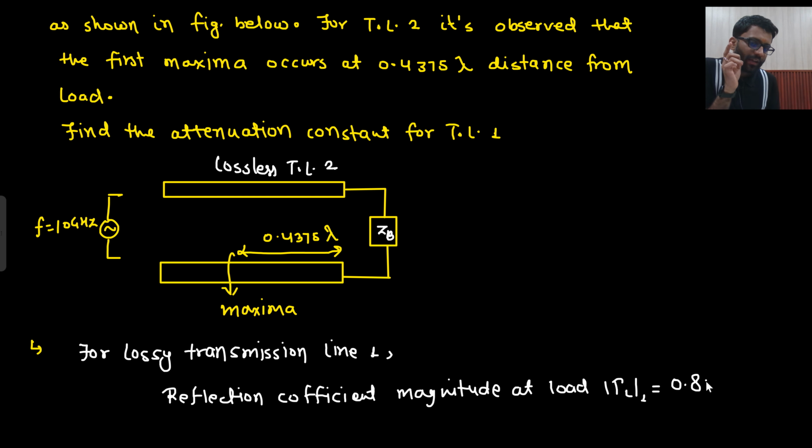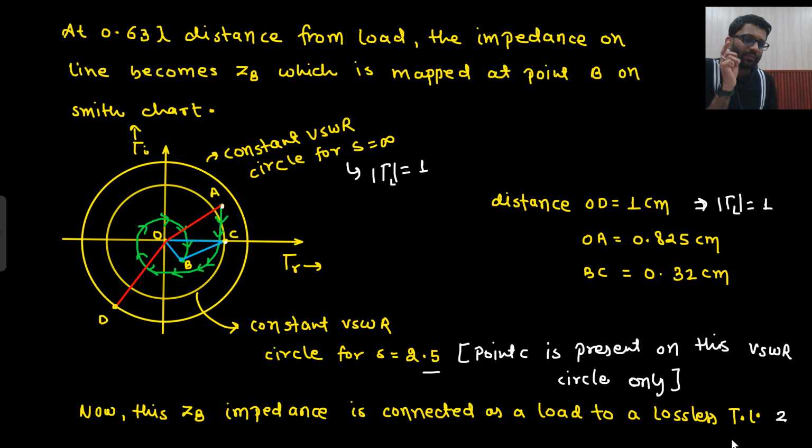That is 0.825. Why is that so? Because this length, the OA length, is 0.825 centimeter. This length was 1 centimeter. With respect to 1 centimeter, you got that my mode of gamma L is 1. That means with respect to 0.825 centimeter, what will be the reflection coefficient? That would be 0.825.